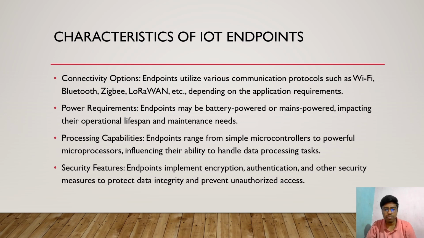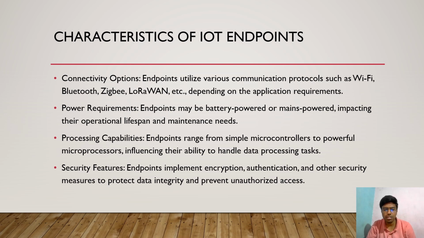Characteristics of IoT endpoints. Connectivity options: endpoints utilize various communication protocols such as Wi-Fi, Bluetooth, Zigbee, LoRaWAN, etc., depending on the application requirements. Power requirements: endpoints may be battery powered or mains powered, impacting their operational lifespan and maintenance needs.